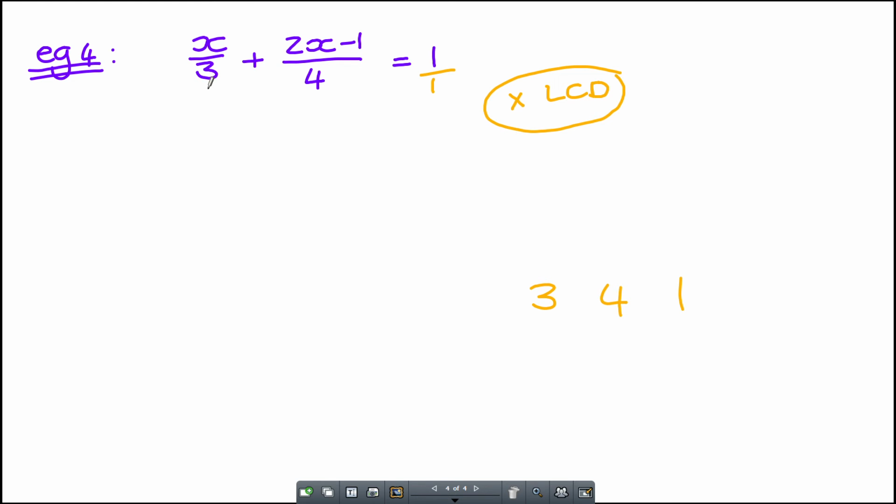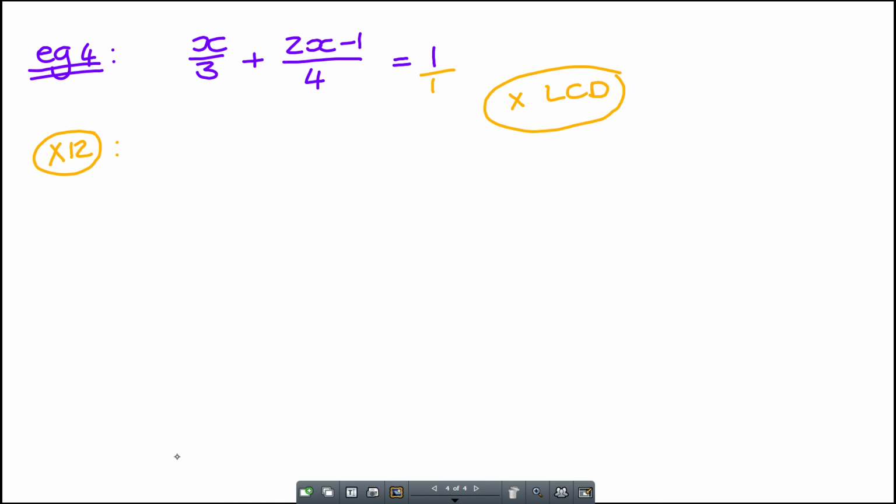Why can't I use 4? Because 3 times what will give me 4? I can't. Yes. So I am going to say, let's multiply with 12. Okay, now, I'm going to show it separately here. That first one, x over 3.